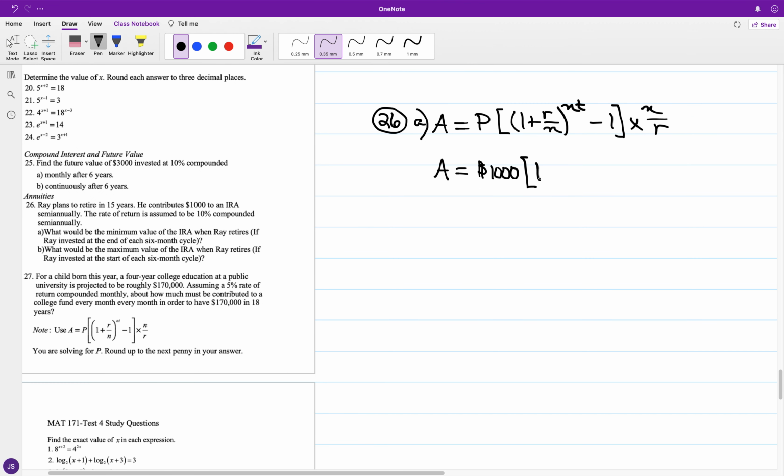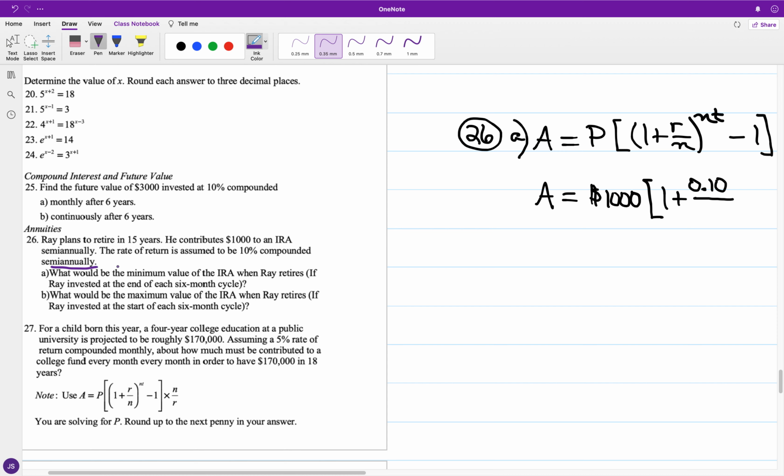Times the quantity 1 plus R over N. The rate of return is 10%, so 0.10. N is semi-annually, which means N is equal to 2.